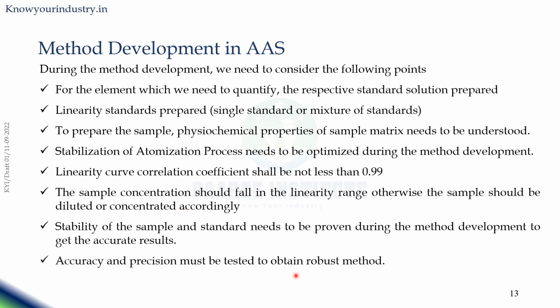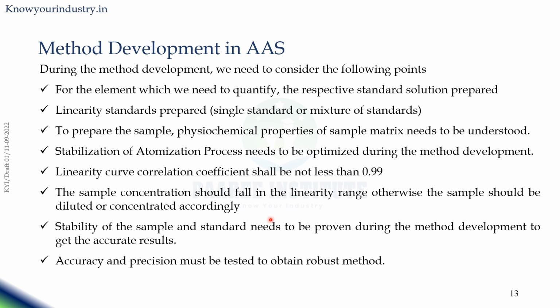So in summary, we have the standard first of the particular element. For example, if you are going to analyze aluminium or copper, you need to have the pure standard of aluminium and copper, for which you have to create the linearity curve.